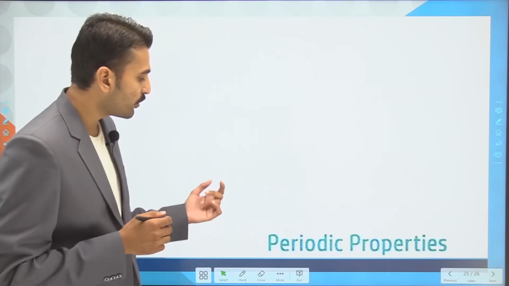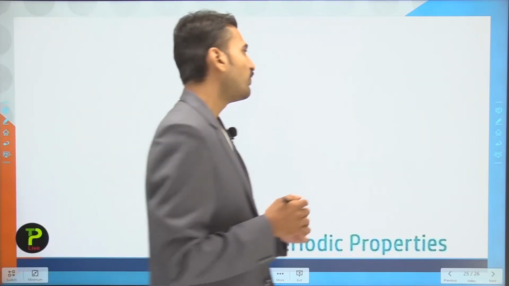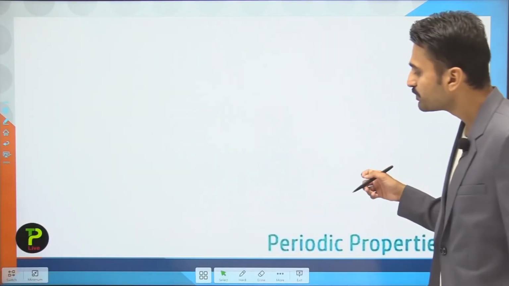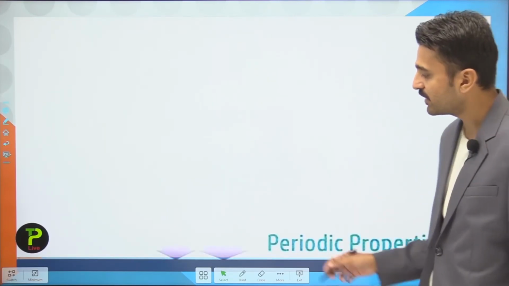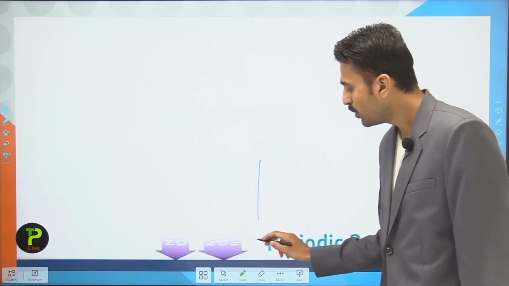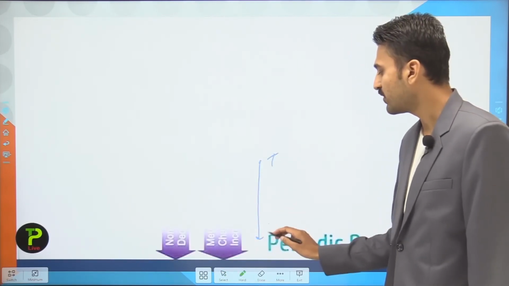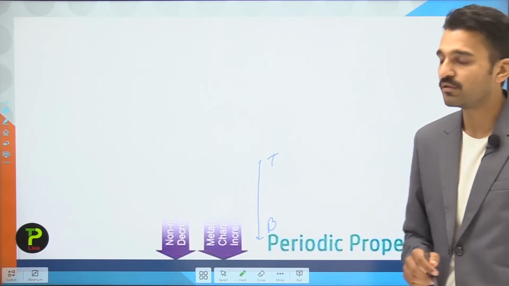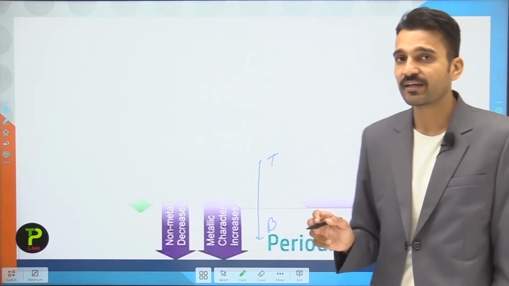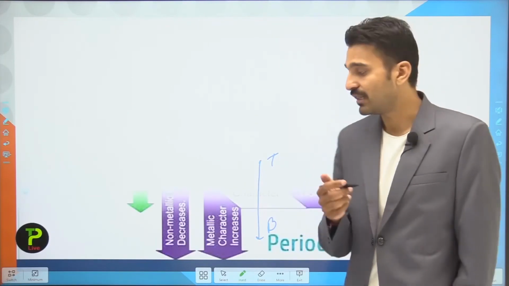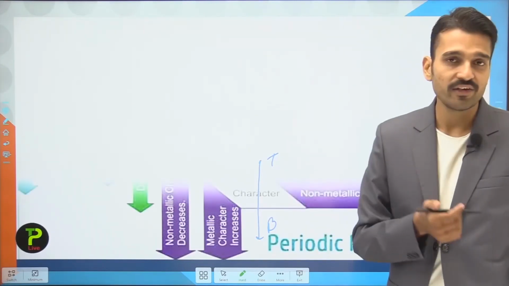So for the periodic properties, students, what we have discussed is the metallic character. What happens to the metallic character as we move from top to bottom of the periodic table? If we move from top to bottom, the metallic character increases while the non-metallic character decreases.